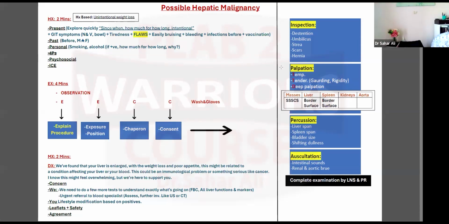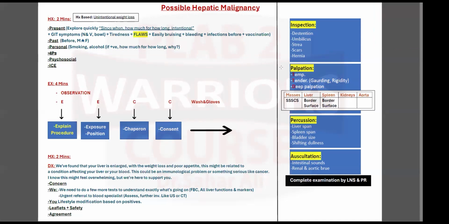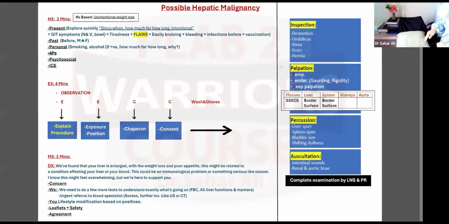Okay? In the examination, you should be able to, let's say this is the abdomen, this is the head, and this is the leg here. So this is right and this is left. Okay? So you should be able to divide the abdomen into the 9 quadrants.